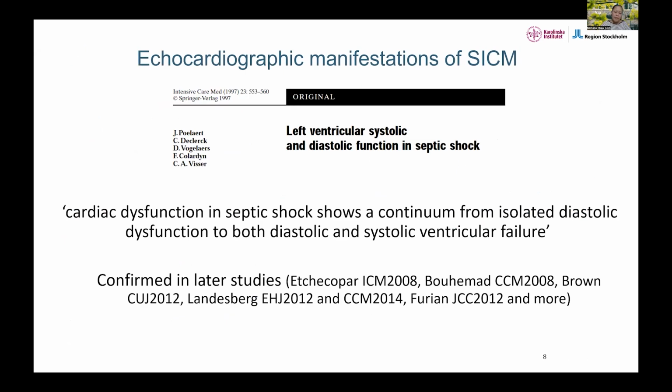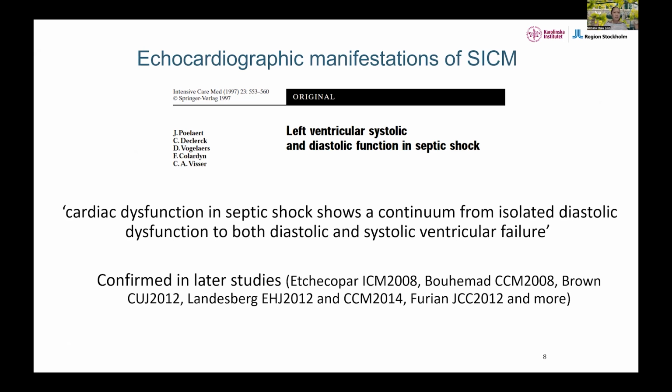So we're back to this paper in 1997, and I want to pay tribute to Professor Jan Poelaert, who left us last year. And already at that time, he defined sepsis-induced myocardial dysfunction as a large spectrum. It was a continuum from just isolated diastolic dysfunction to both systolic and diastolic severe ventricular failure.